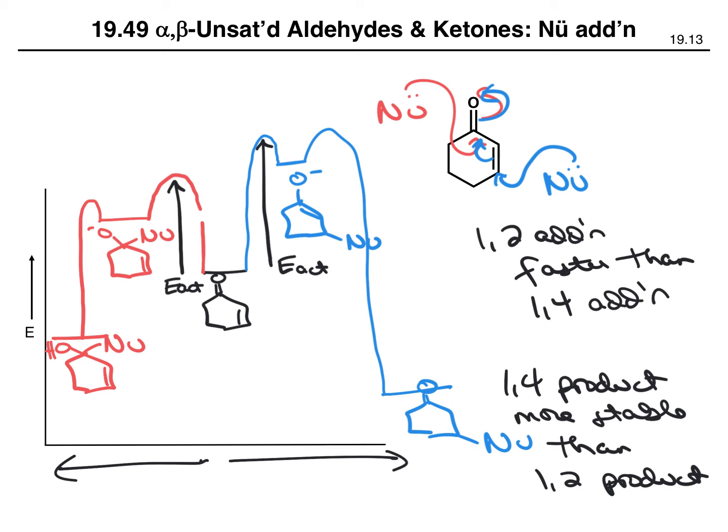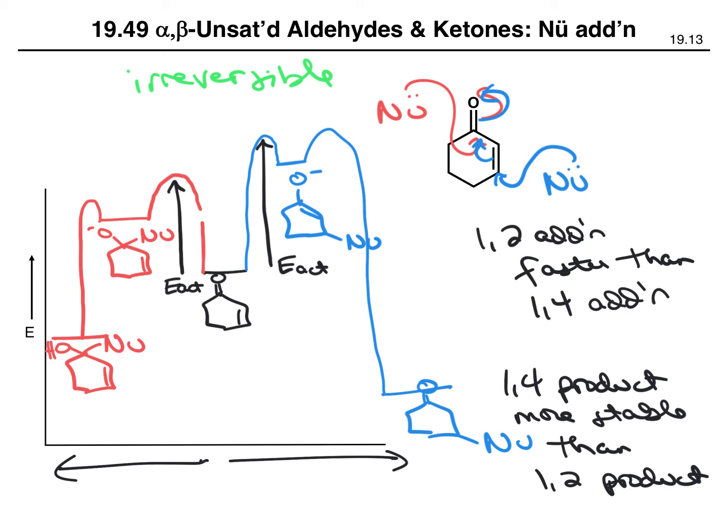Any nucleophile that is going to add, it's going to go the red way. So a nucleophile will add 1,2, giving the 1,2 product. Where the difference comes in is, after this happens, can the reaction go backwards? In other words, if a reaction is irreversible, the reaction will go the fast way and then it'll stay there.